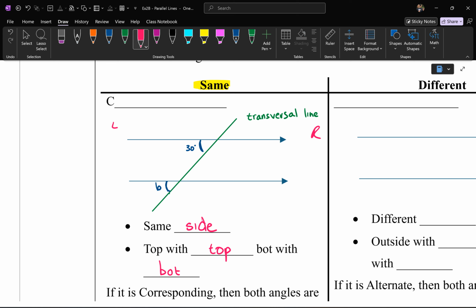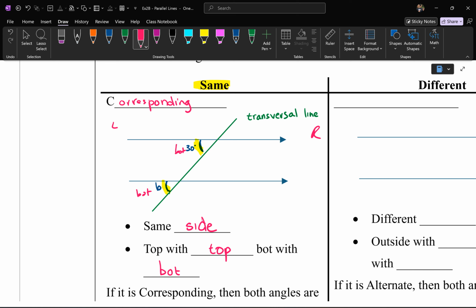What I'm trying to help you remember is if the angle is on the bottom or top of the first line, and then on the second line, the second angle is also on the bottom of the second line. See how it's bottom? So this one's on the bottom of the first line. This is bottom of the second line. If that is true, it is called corresponding. So that's your first one.